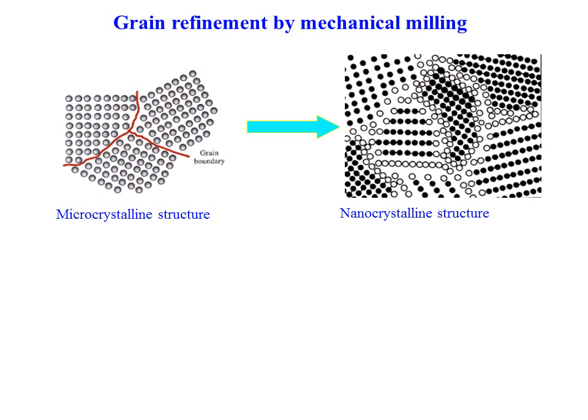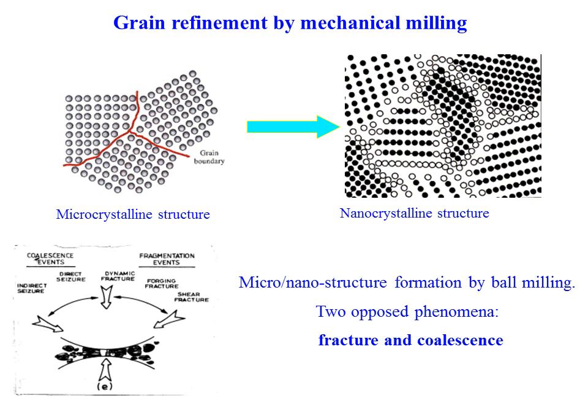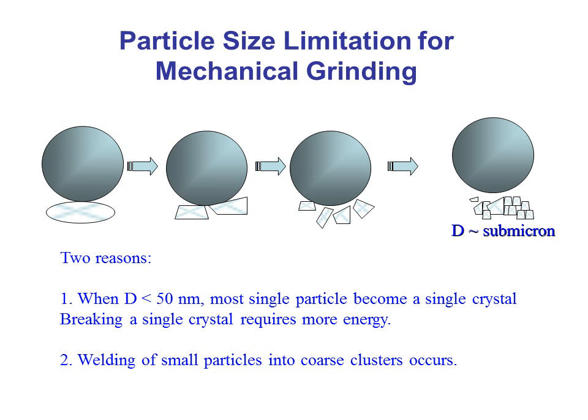So the idea is to start from a microcrystalline structure and just apply mechanical forces, break the crystallites, and arrive at a nanocrystalline structure. The balls here interact with the crystallites. There are two opposite phenomena that can take place: fracture, that is what we have imagined already, but also coalescence. So there are then two reasons that are going to limit the mechanical grinding.